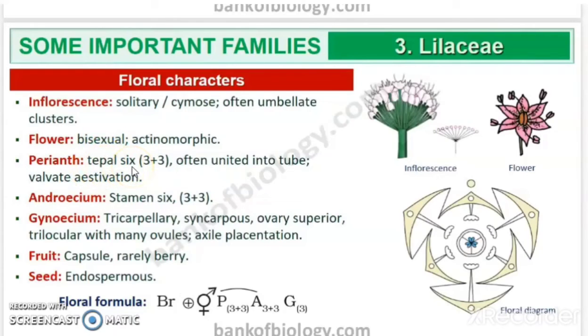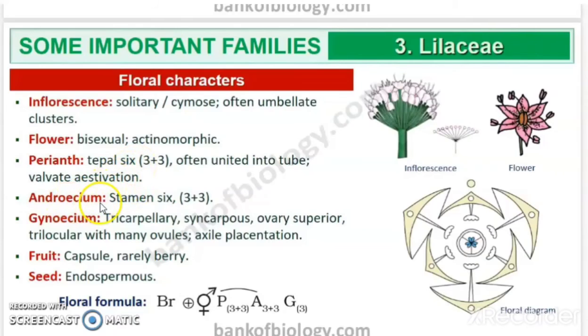Petals and sepals together form tepals, and there are about 6 tepals in Liliaceae flowers. It will be in an arrangement of 3 plus 3, and often it is united into a tube, and they have valvate aestivation.